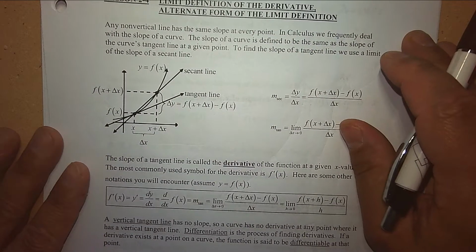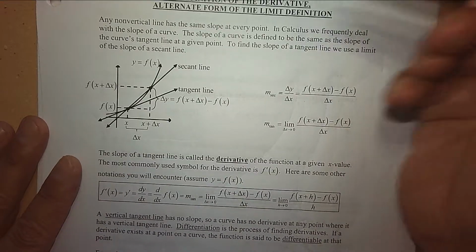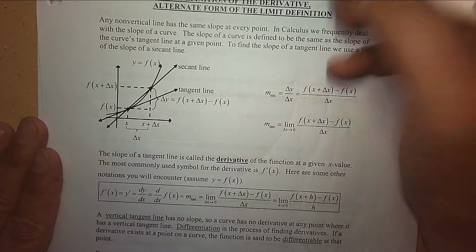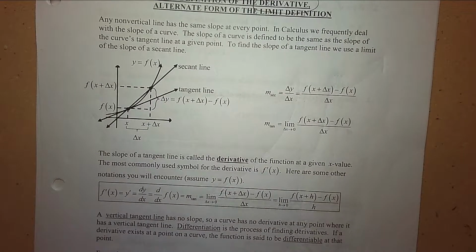Here we go. So, we're talking about the limit definition of a derivative. So I'm going to pry your brain from a week ago. When you take the derivative, what does it mean? What are the words we use? What does it mean to take the derivative of a function?